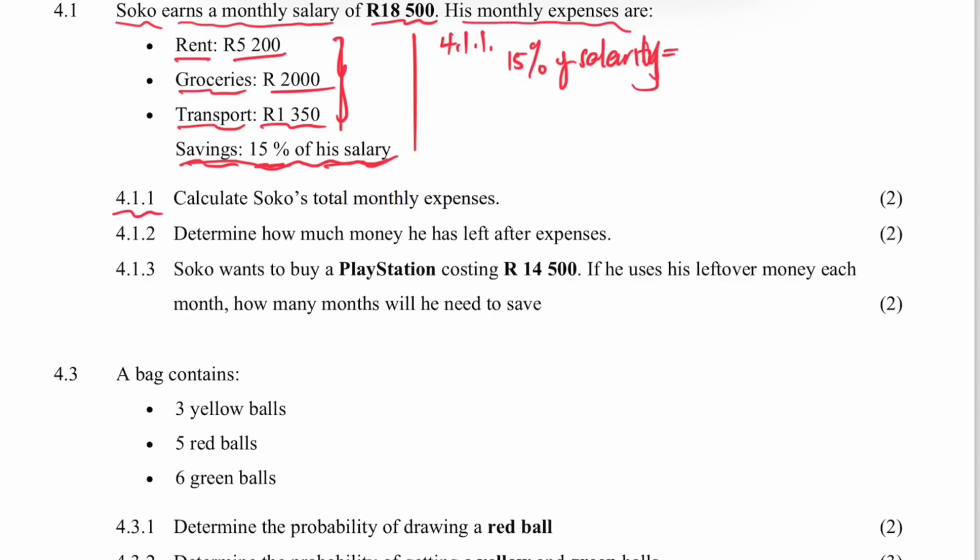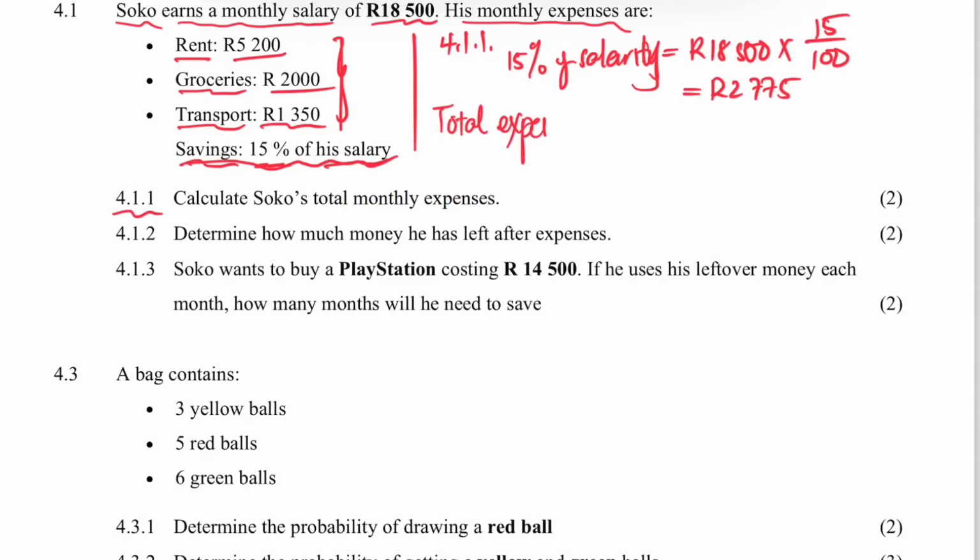So I'm going to say 18,500 multiplied by 15 over 100. So the 15% of his salary is 2,775 rands.